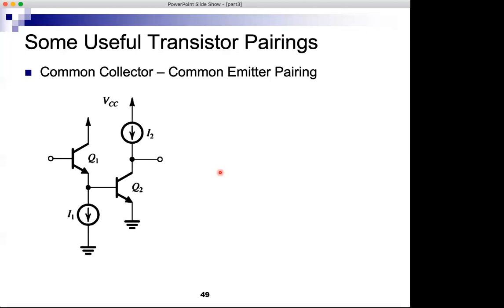If I'm using more than one transistor, I should get better than common emitter. So common emitter, and in the case of MOSFET, the common source, becomes like the reference we compare to. If I'm getting worse characteristics, then there's no point in adding transistors. If I'm getting better characteristics, then okay, that's an improvement over common emitter, and therefore we should consider this configuration. Okay, so this is common collector, common emitter.